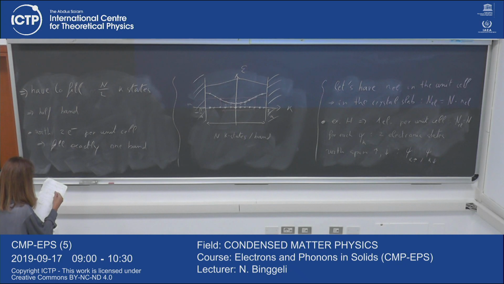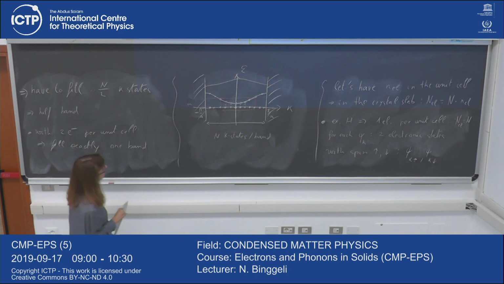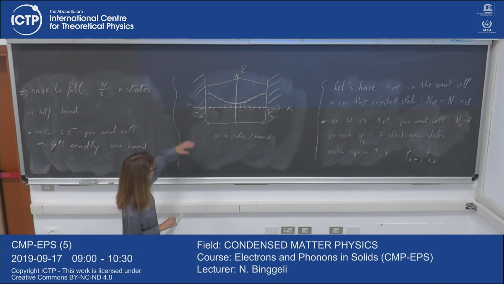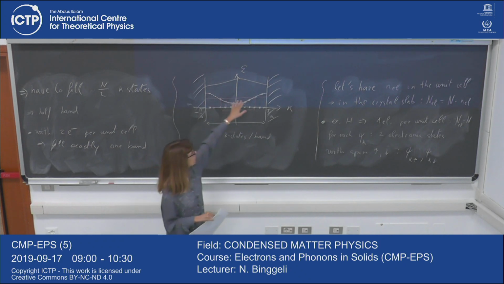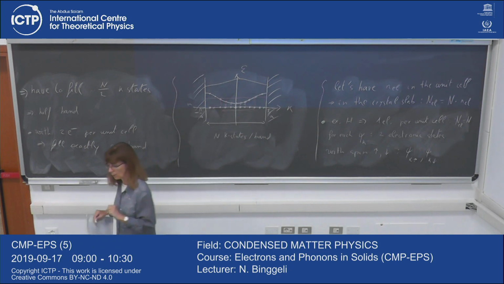Okay, so this is something robust, general, and extendable to two and three dimensions. So also in three dimensions, if I have two electrons per unit cell, I will fill exactly one band.